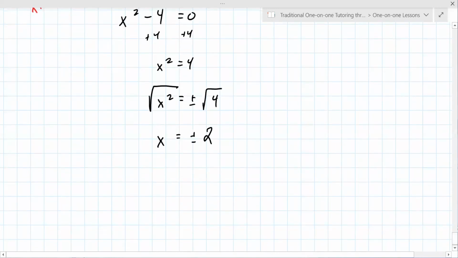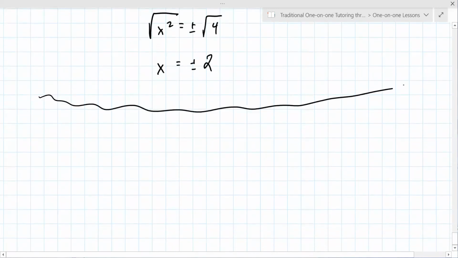Okay, let's try another one here. This one's bad. Let's go x cubed minus x squared. Actually, that's not fair to you. No, that is okay. Let's set that equal to 0.